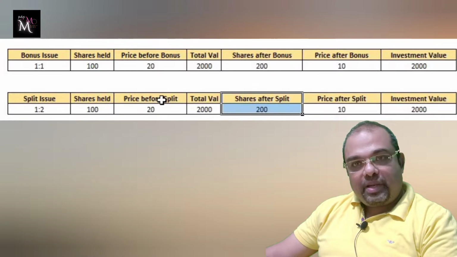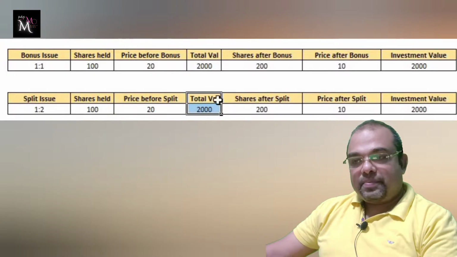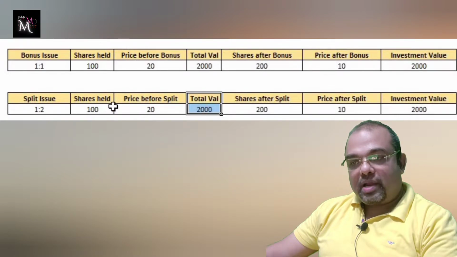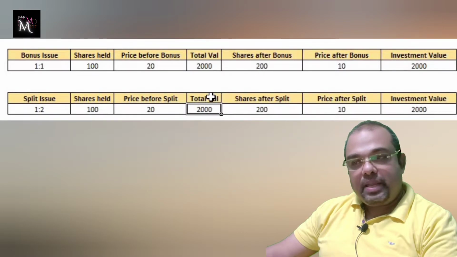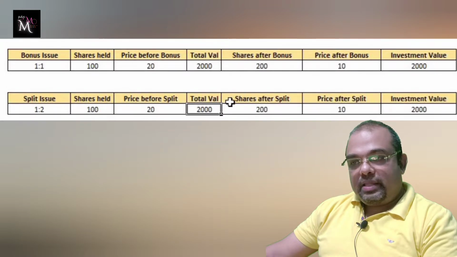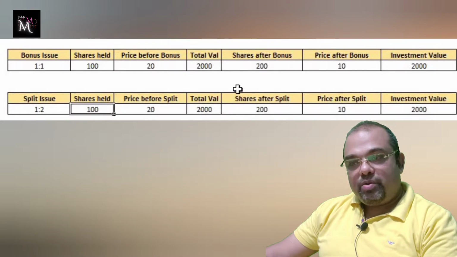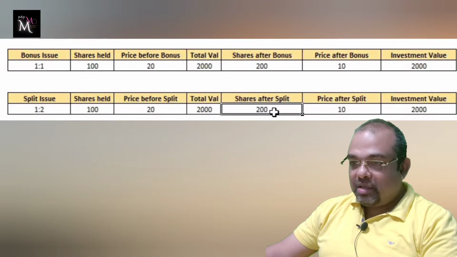Price before the split is 20, so you have a total valuation of 2,000 rupees. If you take the similar scenario, 100 shares, 20 rupees each, a total valuation of 2,000 rupees in that company. After the split, these 100 shares are broken down into two pieces, so you now have 200 shares.